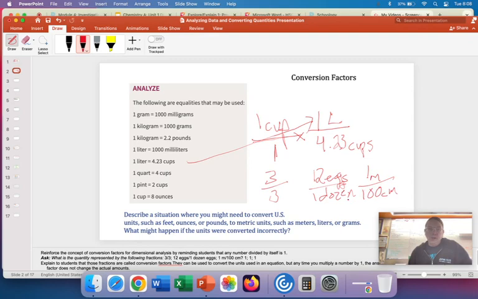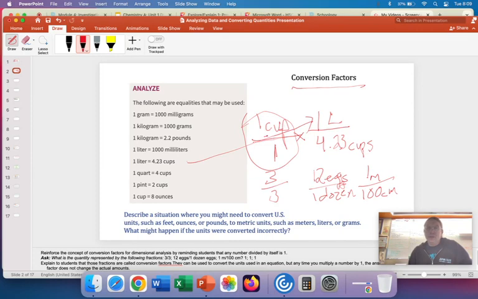These fractions are called conversion factors. We can use them to cancel units. And when we multiply a number by 1, since this is equal to 1, we don't actually change the amounts of anything.